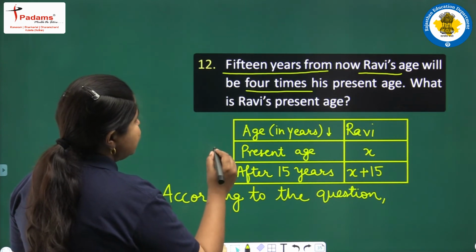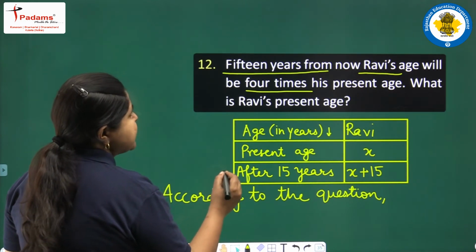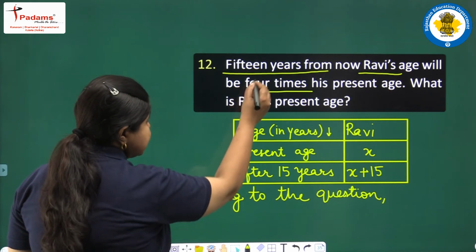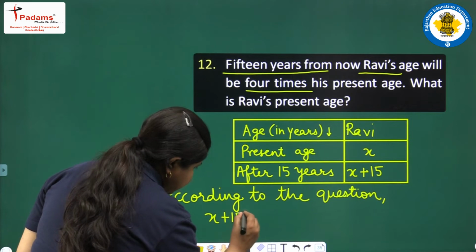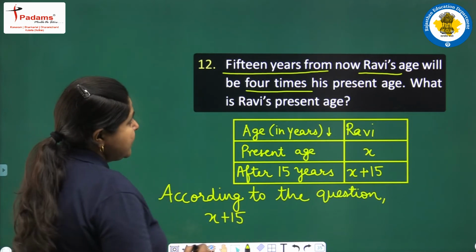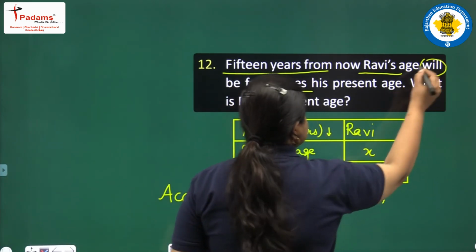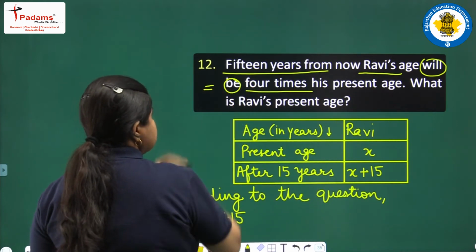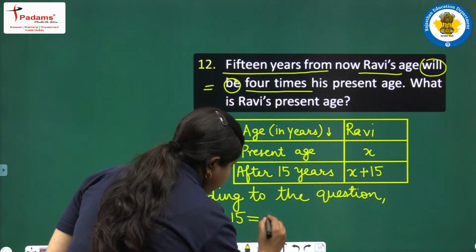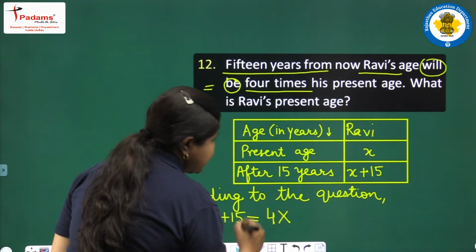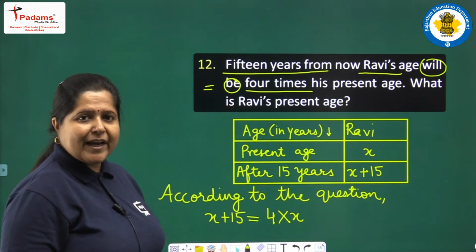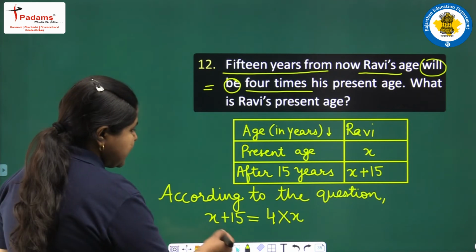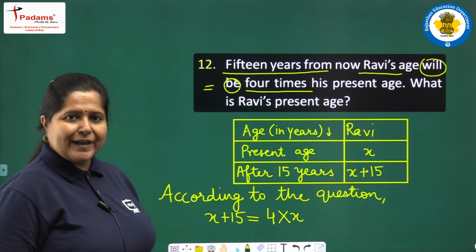Ravi's age will be 4 times his present age after 15 years. That is 15 years from now, his age will be x plus 15. This will be equal to, in the equation, 4 times means 4 into present age x, or simply we can write 4x. x plus 15 is equal to 4x.